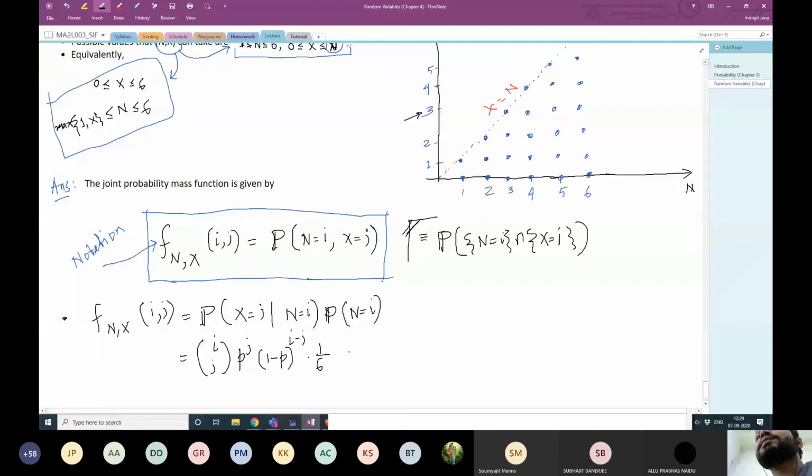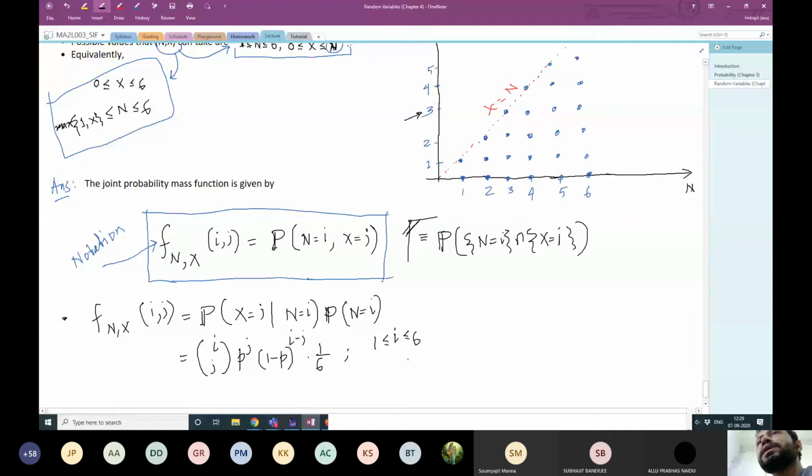And you put the range of the mass function. So i can be from 1 to 6, and j is from 0 to i. The number of hits that you can get is at most i and at least 0.